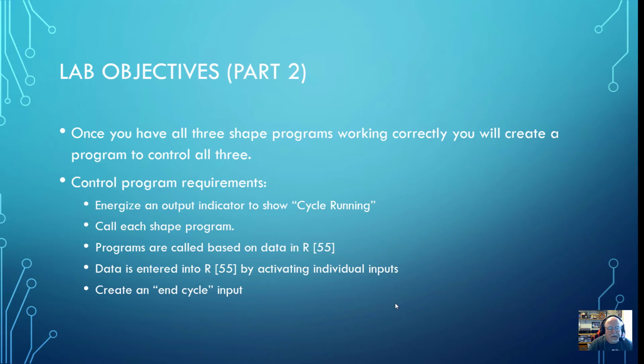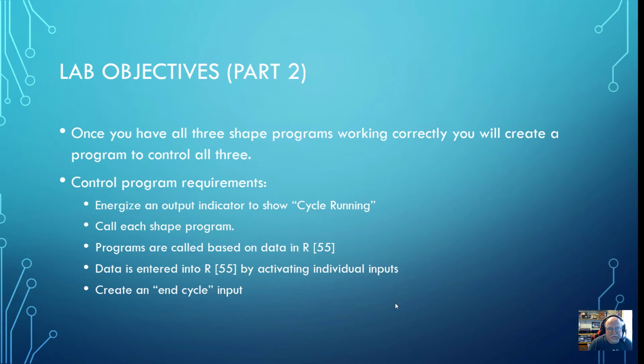Programs are called based on data in register 55, and I picked that one because I want to get one that's not been used, because those things are so cluttered and I really haven't had time to clean them all off. So we'll just clutter another one with this test. Data is entered into R55 by activating individual inputs.